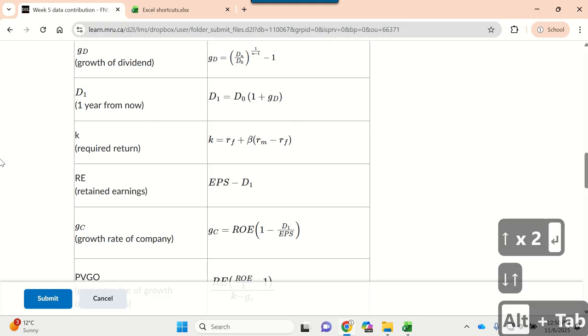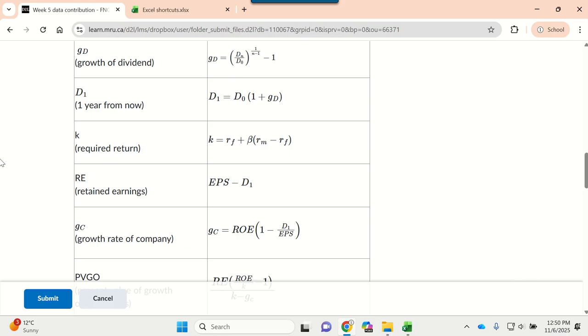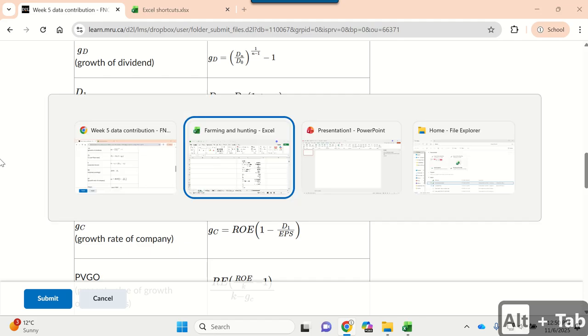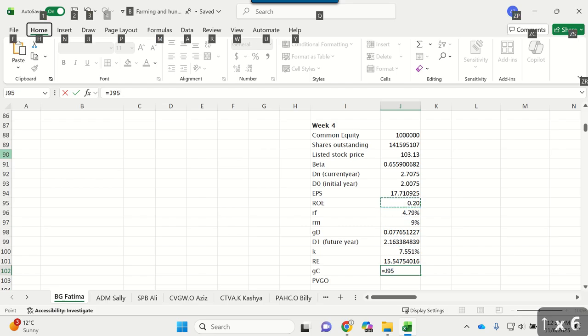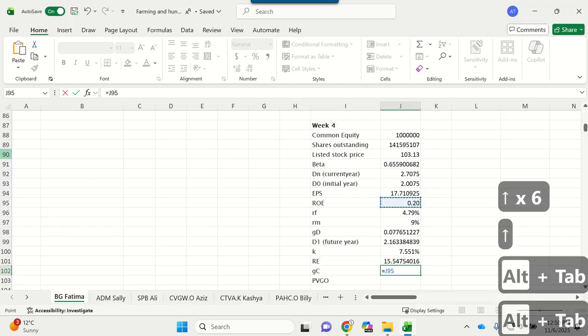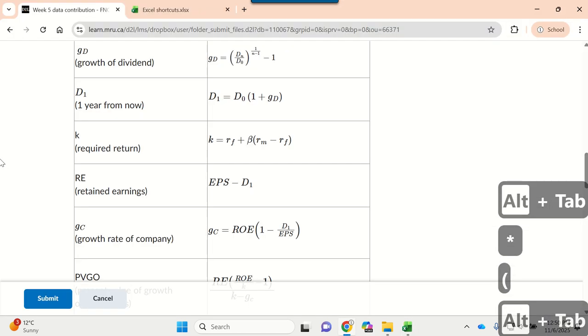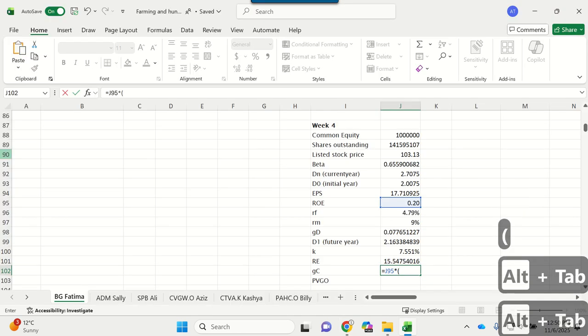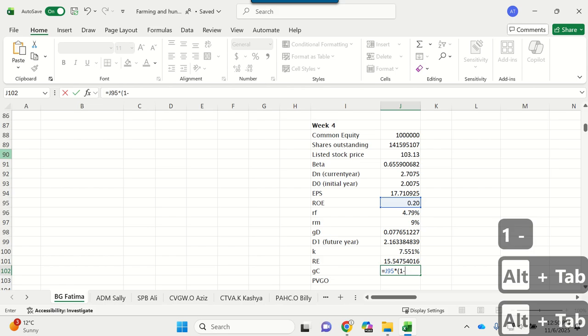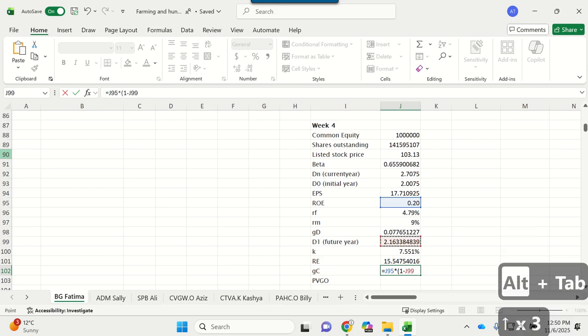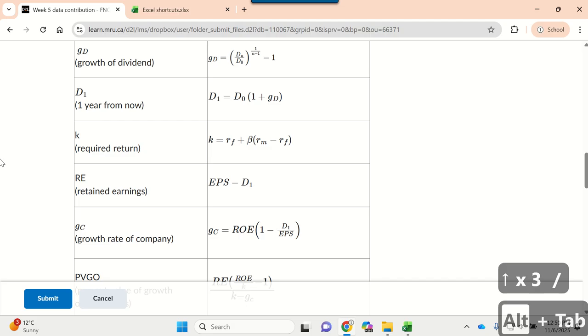And then the growth rate of the company is the return on equity multiplied by 1 minus the dividend divided by the EPS. So equal the return on equity, which I have up here, and then times, in brackets, 1 minus, and then D1 divided by EPS.